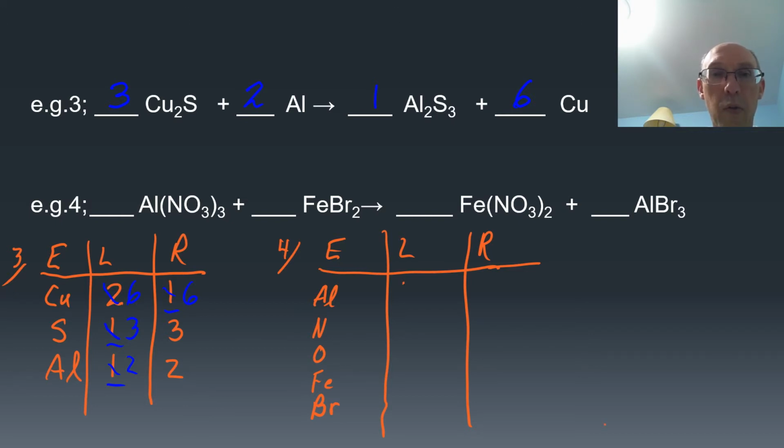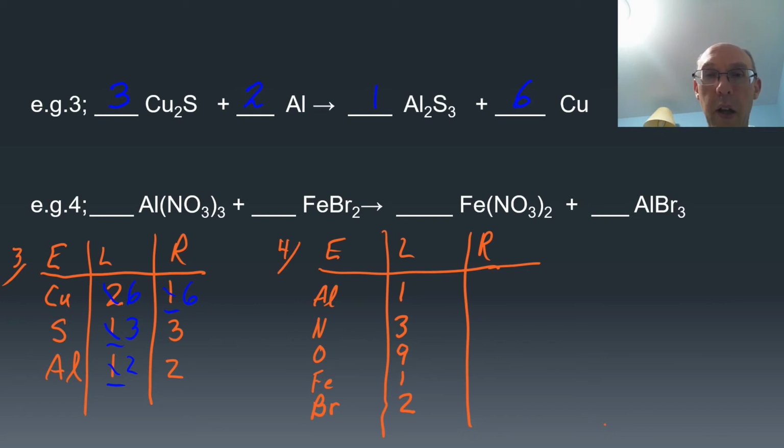The aluminum, there's 1 nitrogen, 1 understood after it times the 3 outside the bracket is 3. Oxygen is the 3 inside the bracket times outside the bracket, which is 9. Iron is easy, it's 1, and the subscript after the bromine is 2, so that worked out really nice.